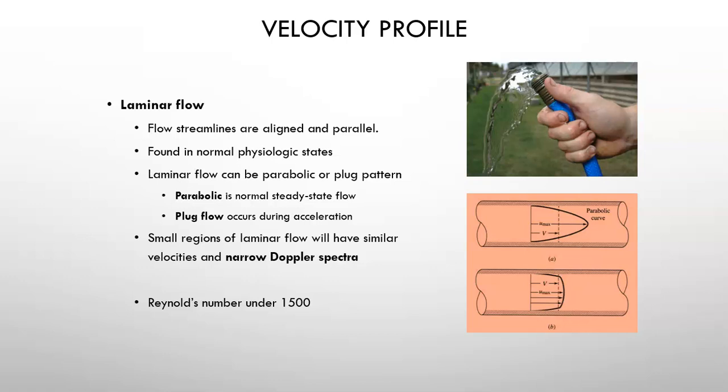Over 2000 it's going to be turbulent flow. Between 1500 and 2000 it just depends on a variety of circumstances whether it's turbulent or laminar. But laminar flow, Reynolds number under 1500.